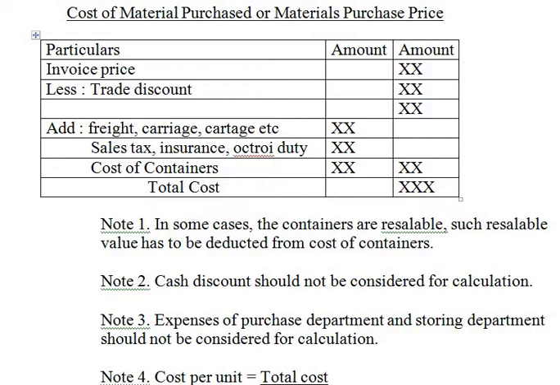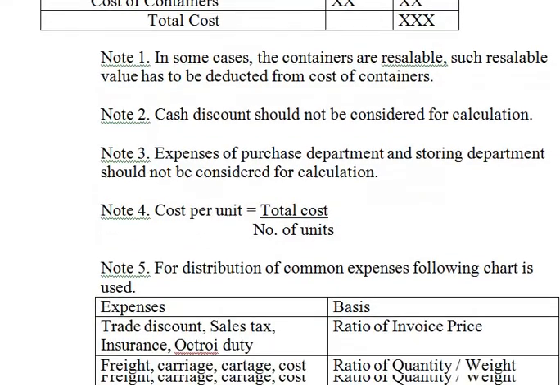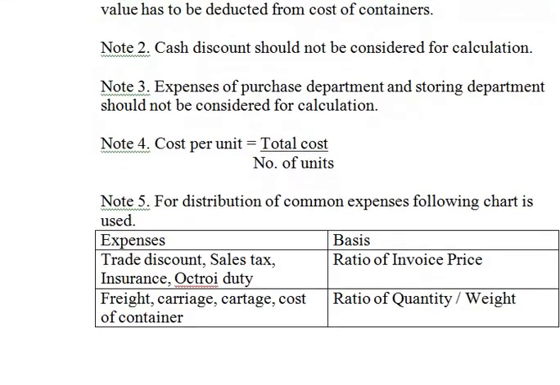To find out cost per unit, the formula is total cost divided by number of units. Here, whatever expenses they have given will be given combined, so they have to be distributed on a suitable basis. For distribution of common expenses the following chart is used.